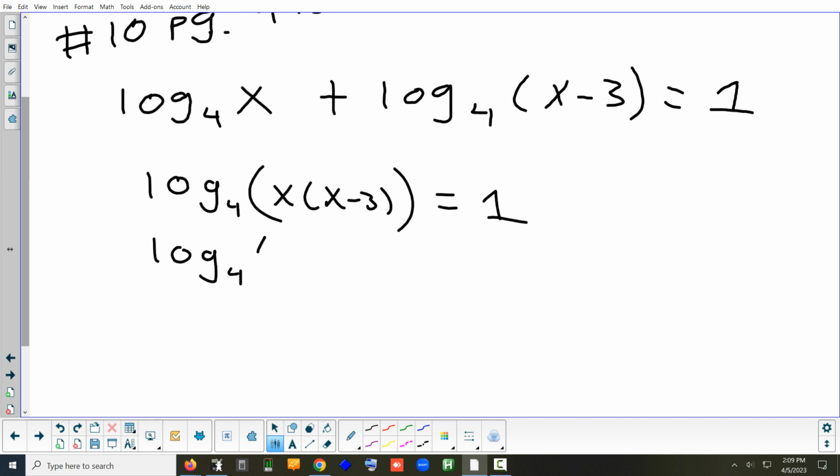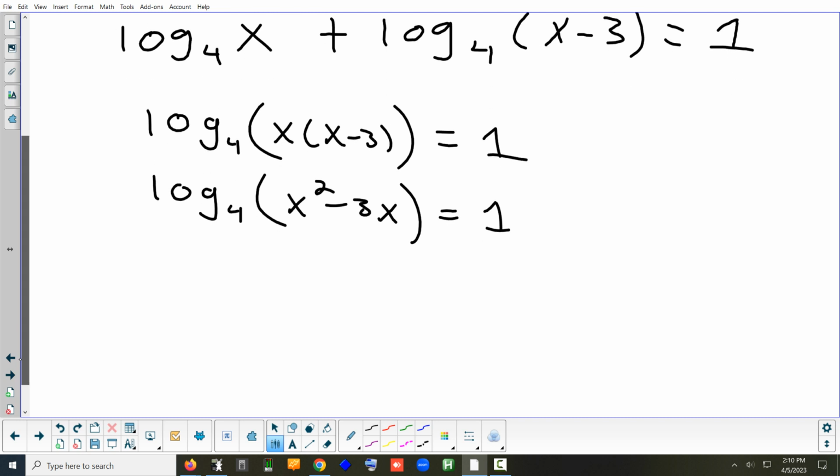Okay, now you want to do what's in the parentheses. What do you get when you multiply out what's inside the parentheses? X squared minus 3x. Okay, so as far as using rules of logarithms, those are all done. We've done as much as we can with logs.